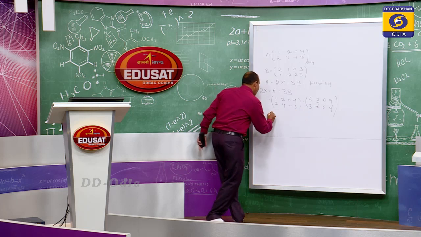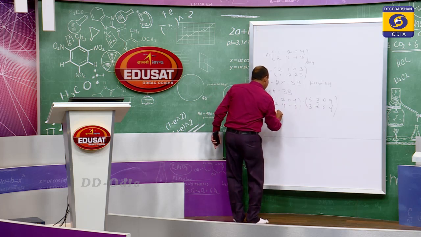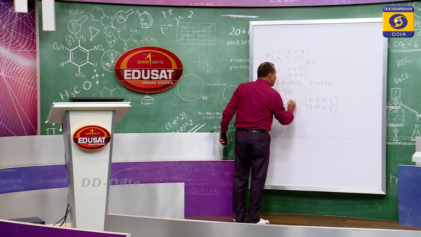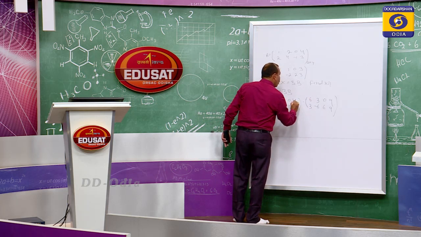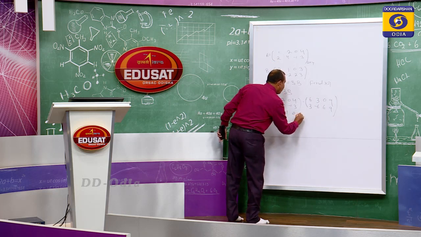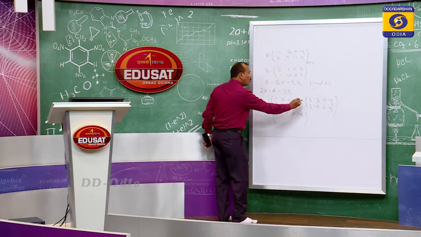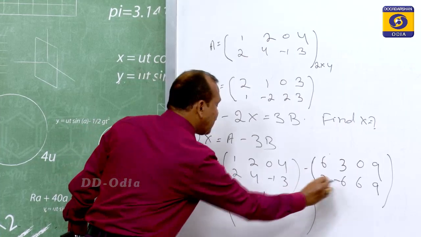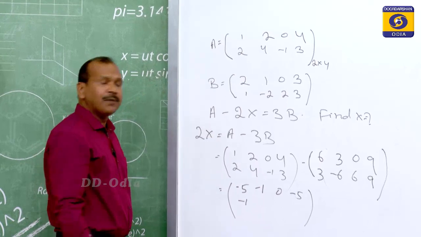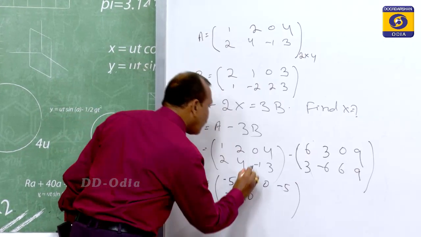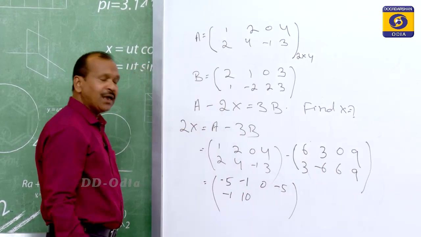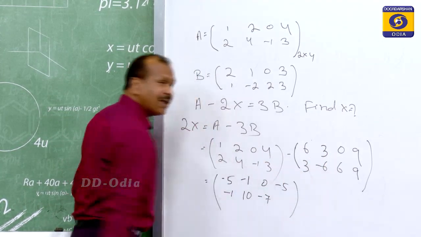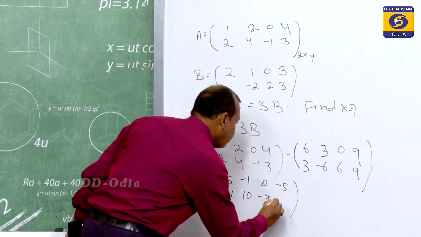That becomes 1 minus 6, equal to minus 5, 2 minus 3, that makes minus 1, 0 minus 0, that becomes 0, 4 minus 9, that becomes minus 5, 2 minus 3, that becomes minus 1, 4 minus minus 6, that becomes 10, minus 1 minus 6, that becomes minus 7, 3 minus 9, that becomes minus 6.